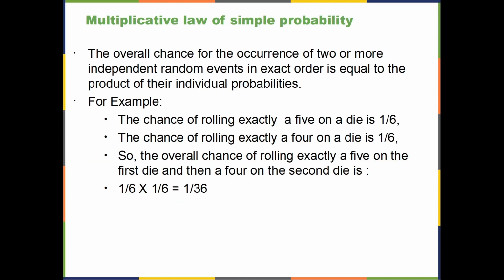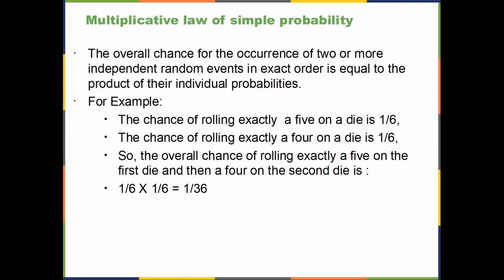All right. So the multiplicative law of simple probability. This is the idea that the chance of, for example, rolling exactly a 5 on a 6-sided die is 1/6. What is the chance that after you roll a 5 that you immediately roll a 4, right?